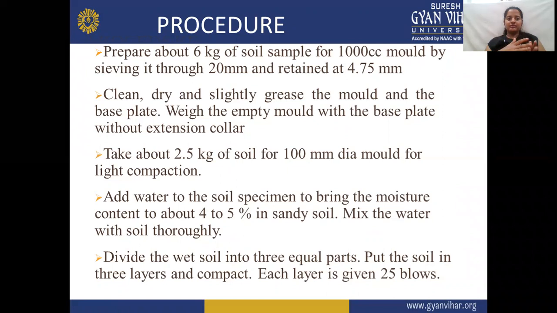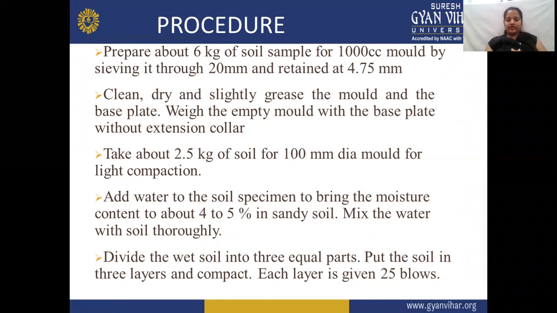The mold should be clean, dry, and slightly greased, along with the base plate, because the soil filling eventually has to be removed. Weigh the empty mold with the base plate, without the extension collar.